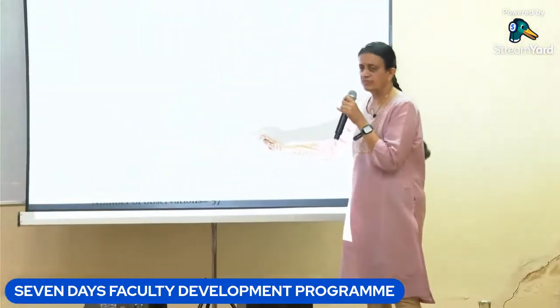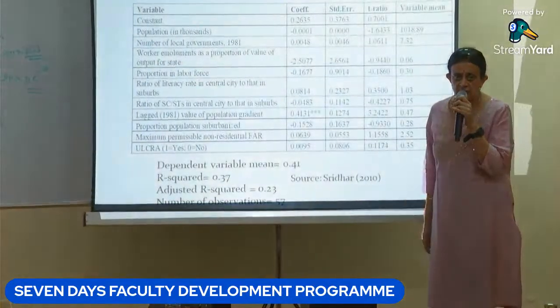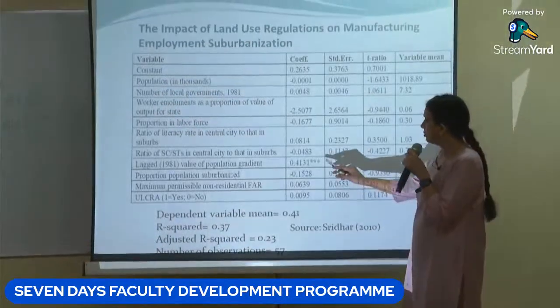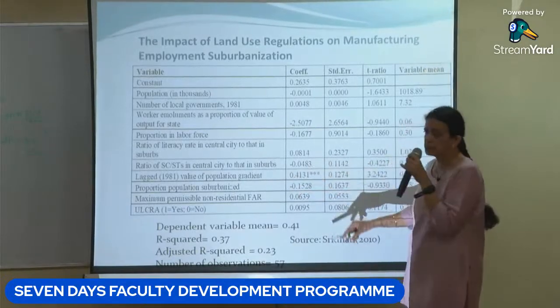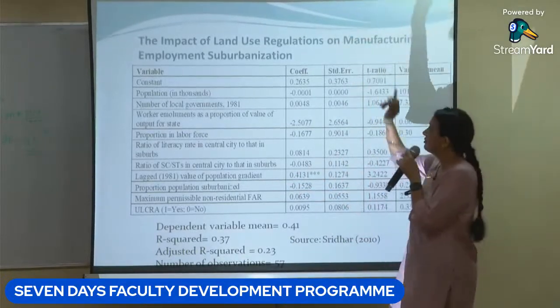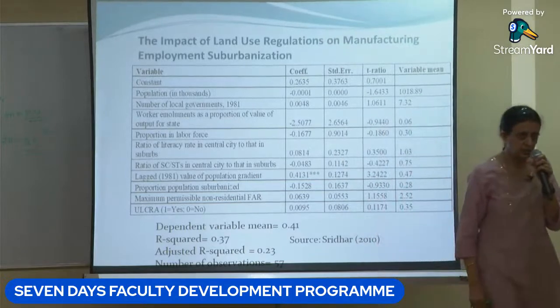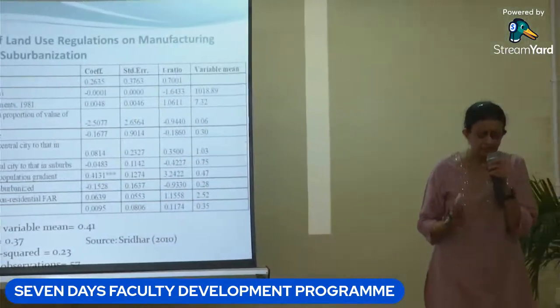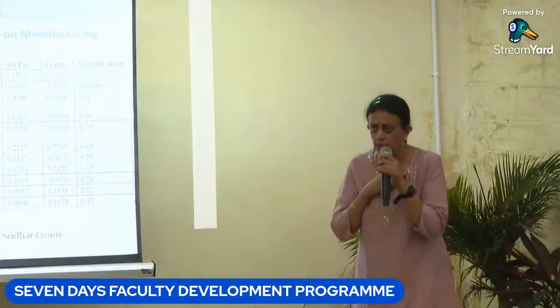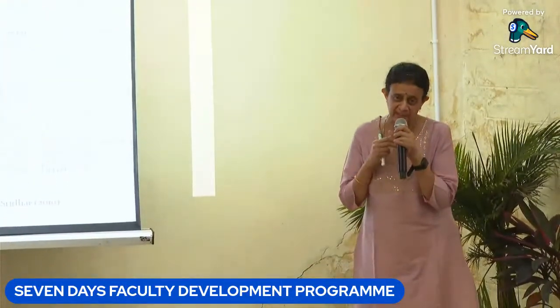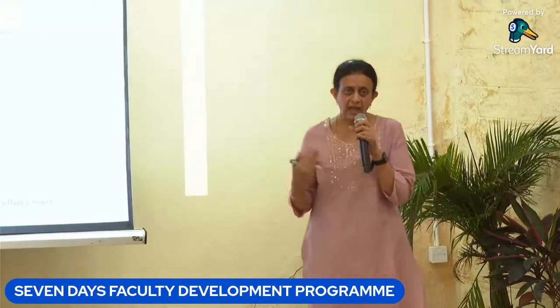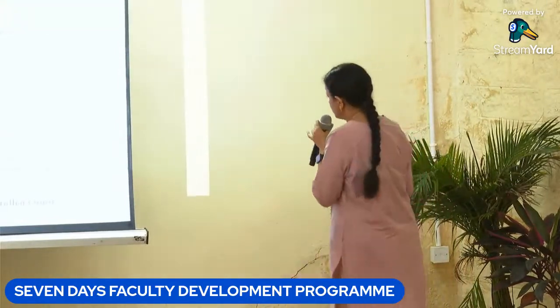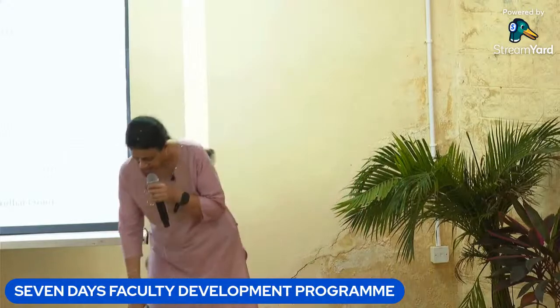There is no statistically significant effect of the FAR, but what we find is that the lagged value of the population gradient determines manufacturing employment suburbanization, which basically means that manufacturing employment follows people for a lot of the skills that they have, right? So that is the reason why you find this effect.